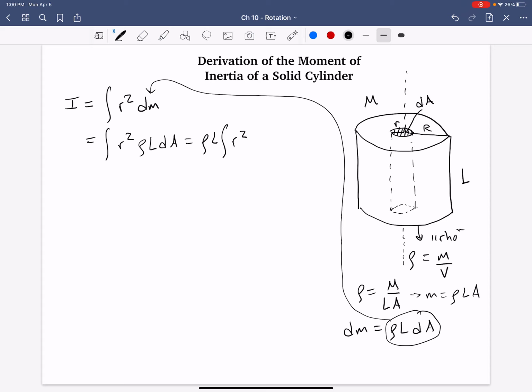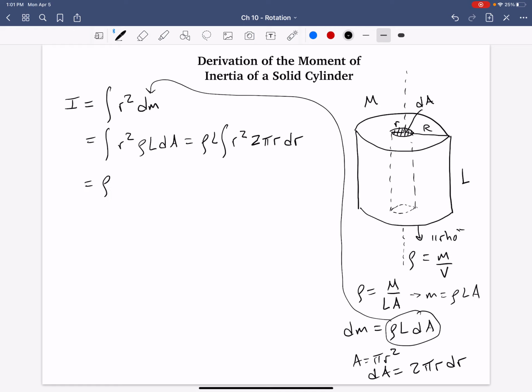The area of a circle is simply pi r squared, so that means dA is the derivative of that, 2 pi r dr. That's pretty much the circumference times dr. Now we're integrating with respect to just radius, whereas we used to be integrating with respect to A and mass.